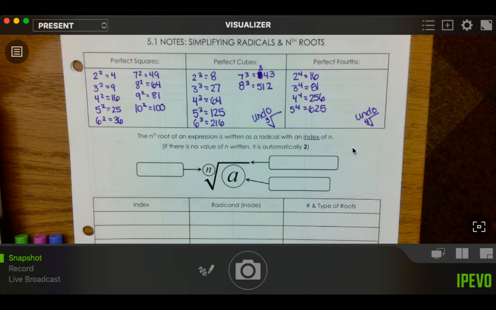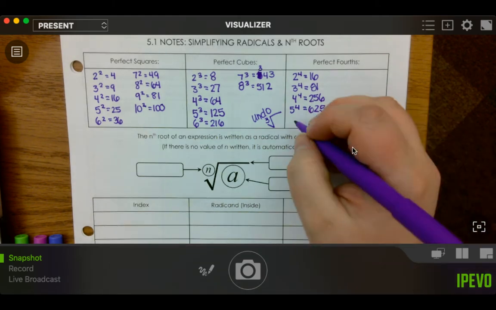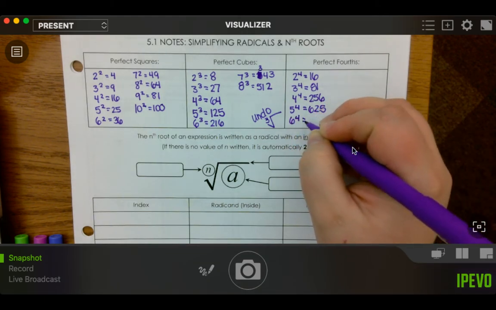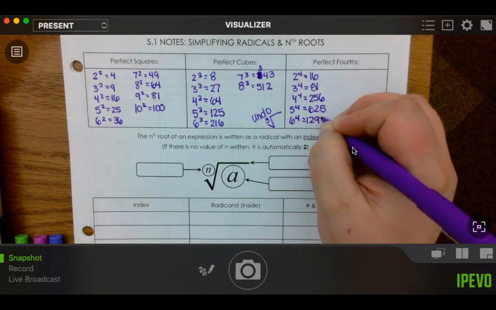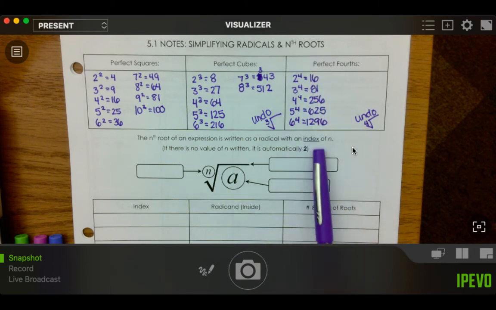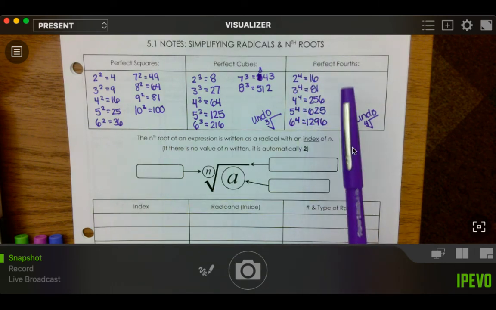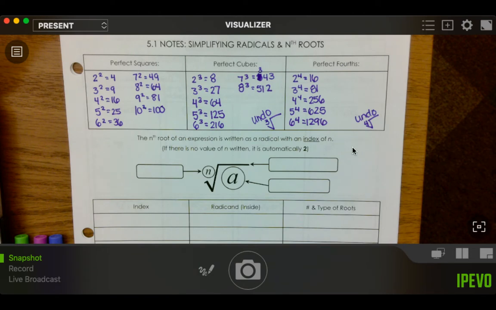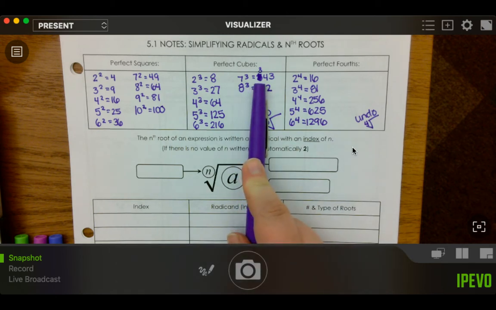And then 216 times 6 again is 1,296, which is why I'm stopping there. Notice how these are a little bit higher and go a little bit more out of hand because you're doing something to the power of 4. And we are going to be simplifying using these numbers. That's why I want you to have this list. Please do me a favor and make sure this says 343 on it.